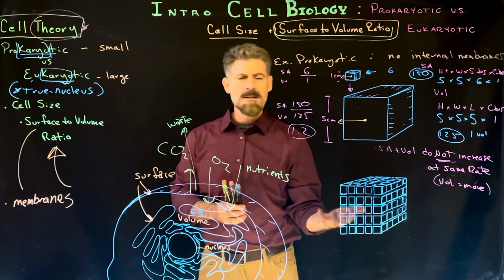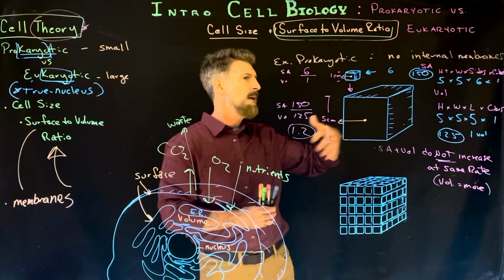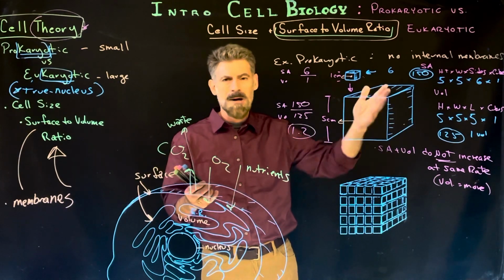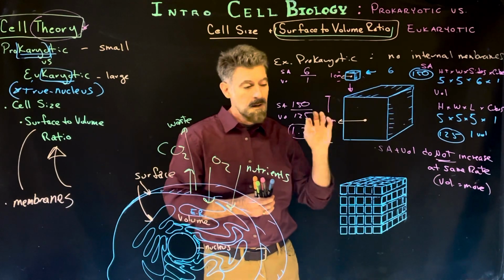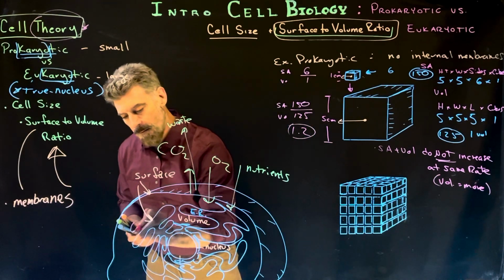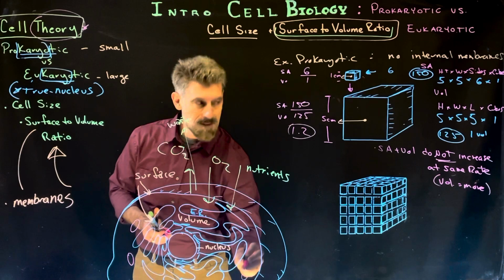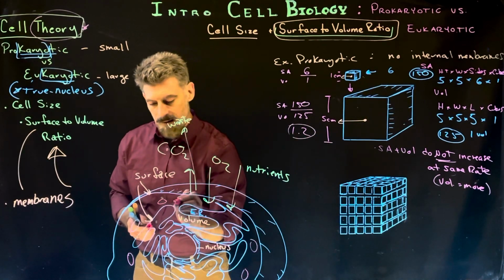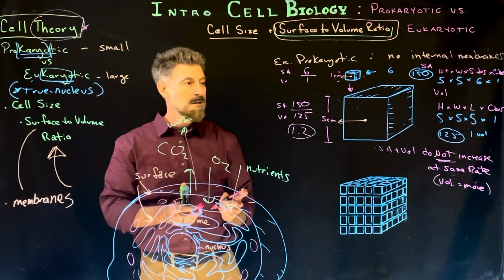So how do eukaryotic cells get away with being so gigantic? Wouldn't they have the same problem, and the problem be much worse? Well, you have to remember, eukaryotic cells divide up the cytoplasm, instead of just being one big space like this, into all sorts of little compartments because there are all these membranes.